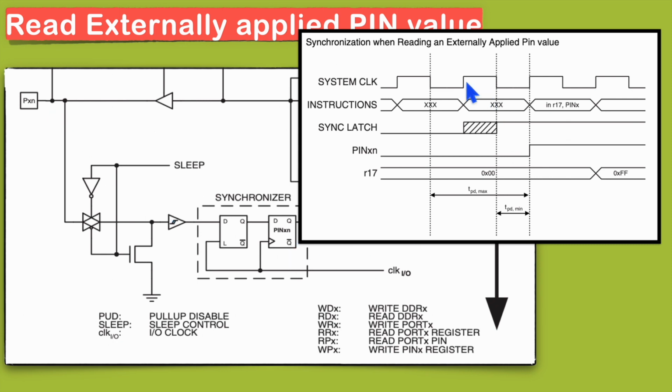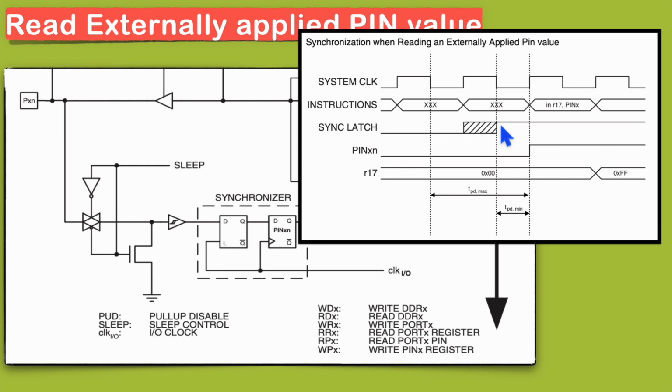When will it take it? It will take it when the system clock is at high state. Then the changed pin status will be taken, and on this clock it will be forwarded to this latch, and finally you will read it when the clock next goes high. So here you will read from this pin.